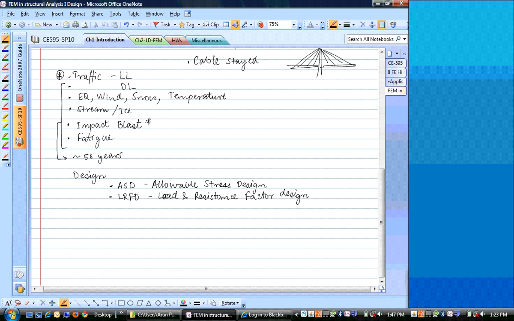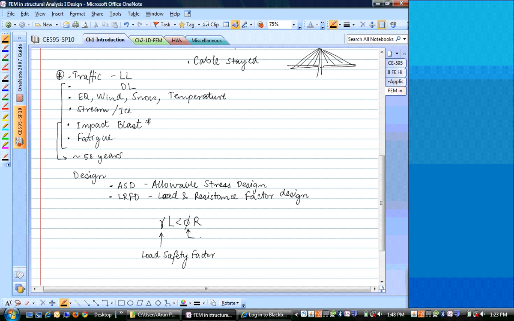And the philosophy behind that is that this equation should always be satisfied, right? So what we do is we come up with a design, and we check that some factor. This is the load safety factor, and L is the stresses that develop in your structure.